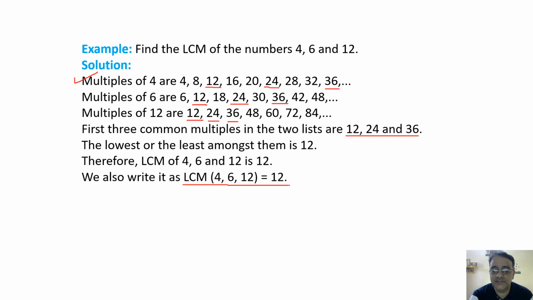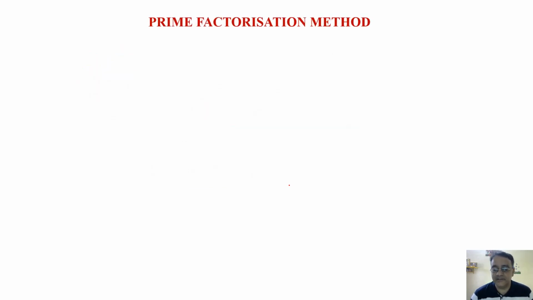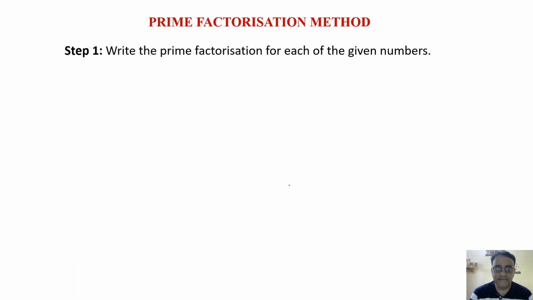Now we are moving toward the second method, which is very very important, even for class 10th also. It is going to repeat in class 10th. Prime factorization method. So what we will do: step number 1, we will write the prime factorization of each of the given numbers.